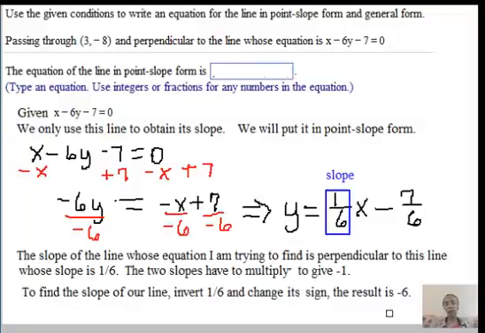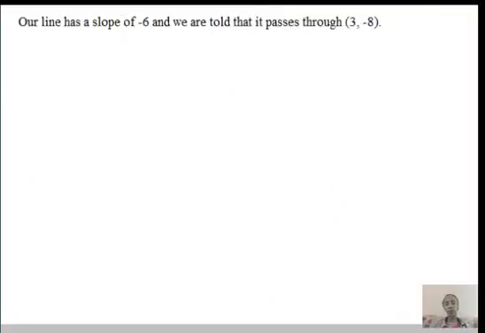Alright, so our line has a slope of negative 6, and we are told that it passes through the point (3, -8).